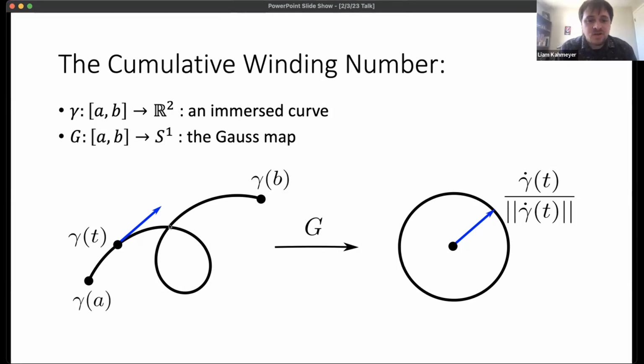Because you can see in this picture here, the winding number would not be well defined at this double point. And so I still want to be able to talk about the winding number when I have immersed singular sets. So we build the cumulative winding number off of the Gauss map, which you may know just takes a tangent vector. It assigns to each point on the curve its unit tangent vector in S1.